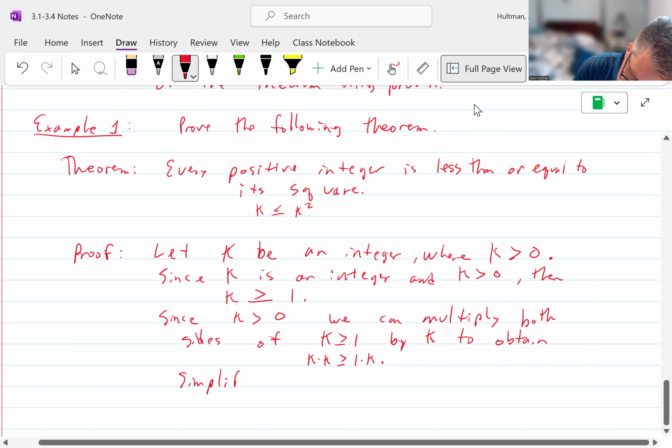Simplifying, we obtain k squared is greater than or equal to k.